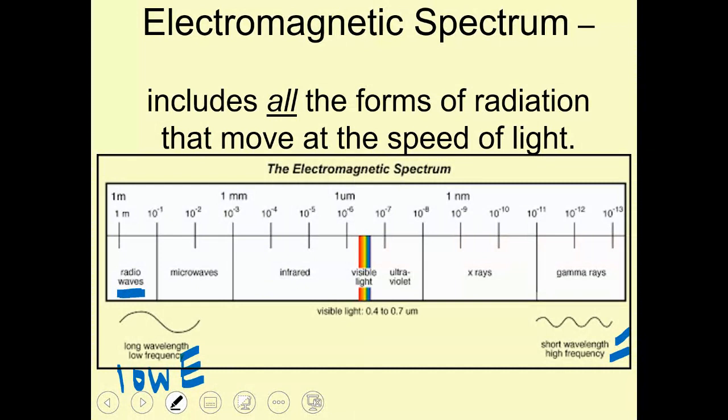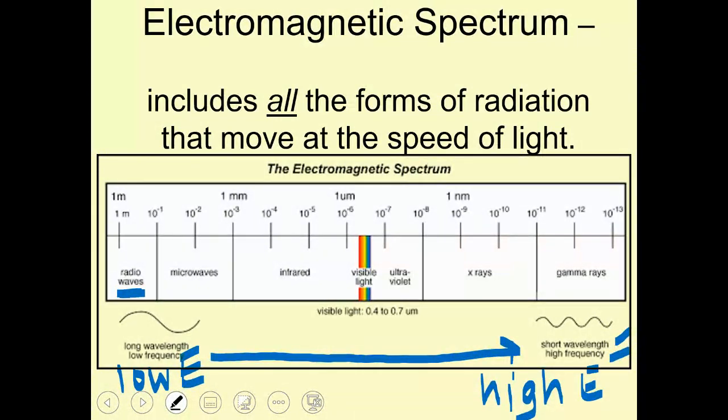As you move from this low energy up to this very high energy end of the wavelength, these waves become more dangerous. Like here, microwaves, they will cause water molecules to vibrate.